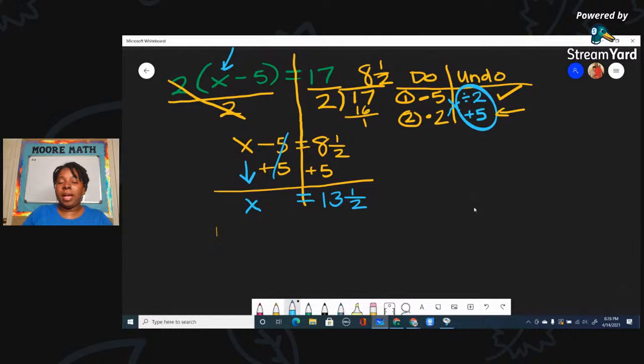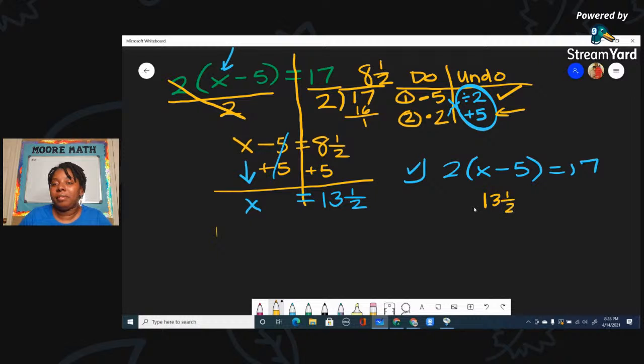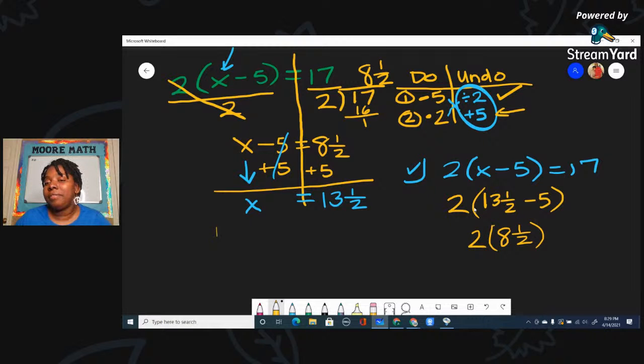13.5, let's go back to the original equation. 2 times x minus 5 equals 17. So plug in 13.5 minus 5. What is 13.5 minus 5? 8.5. And 2 times 8.5 is 17.